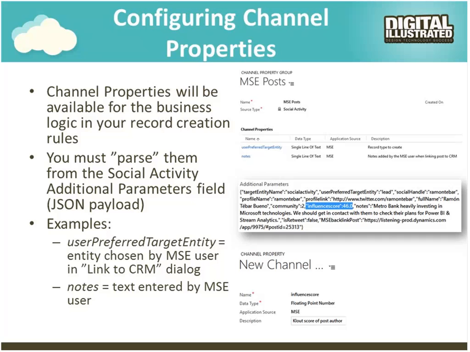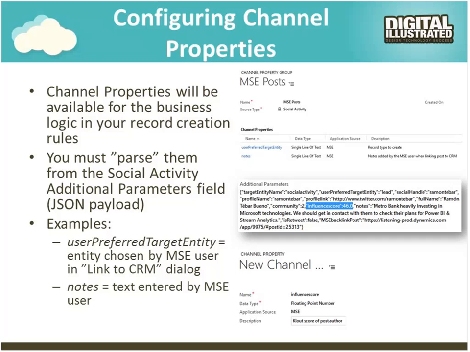To make it so that a lead is created when a user chooses a lead from MSE, you already need to build that rule or channel property for the user preferred target entity variable, as we see in the list on the first one. In the example, we can also pick out further details.